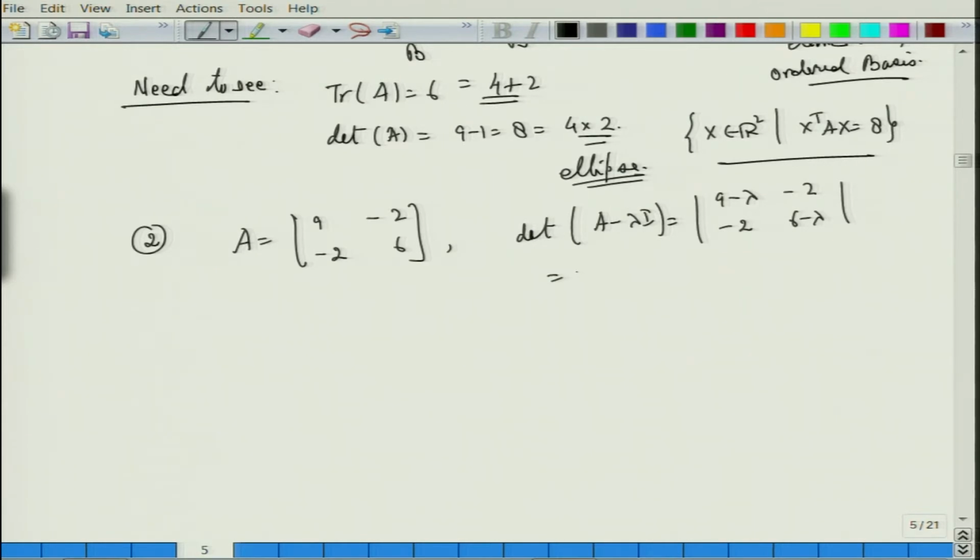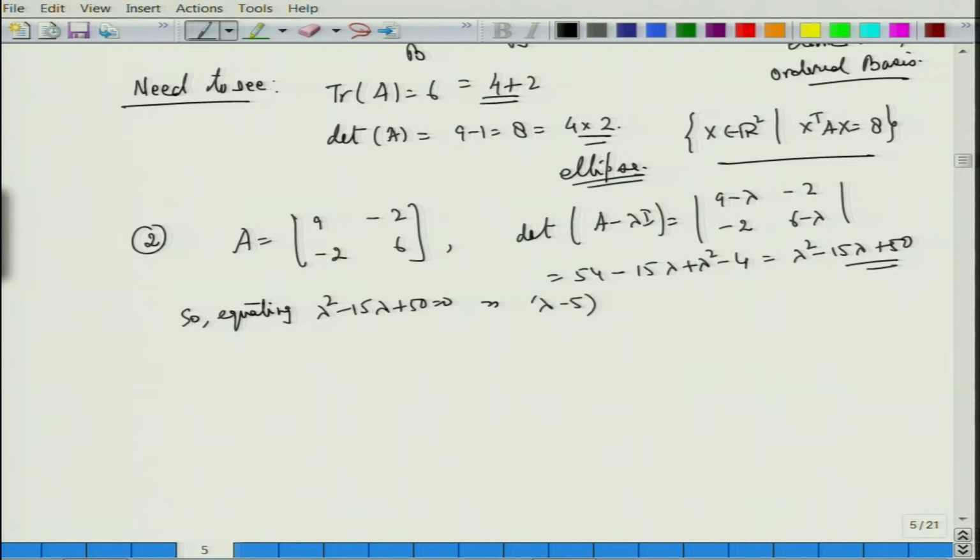So, this is the same as 54 minus 15 lambda plus lambda square minus 4, which is lambda square minus 15 lambda plus 50. So, equating lambda square minus 15 lambda plus 50 equal to 0 gives me (lambda minus 5)(lambda minus 10) equal to 0. All right, fine.